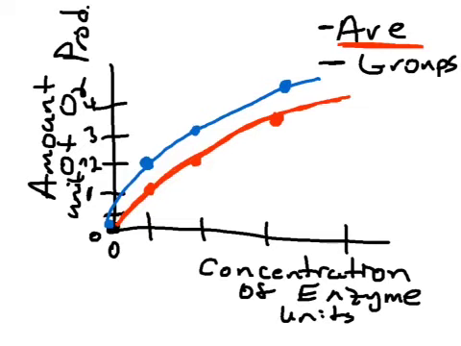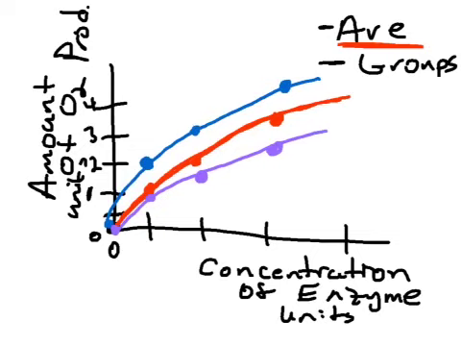And if we look at the third group, which might be, I don't know, cold temperature, they still get the 0. 0 concentration gets you 0 bubbles of oxygen. And maybe they match up here, but maybe at 2 they think it's more like a 2.5, and the 3 is more like a 2.5 or 2. And their graph ends up looking more like this. So then you have 3 groups.